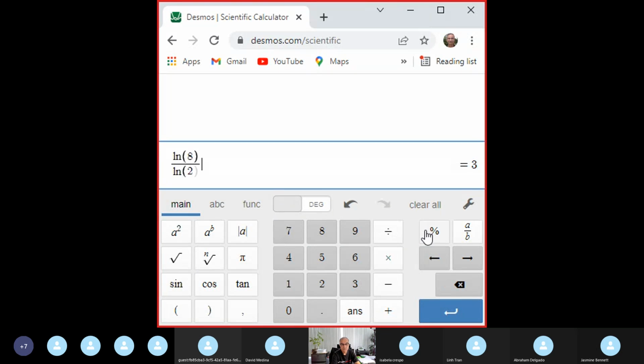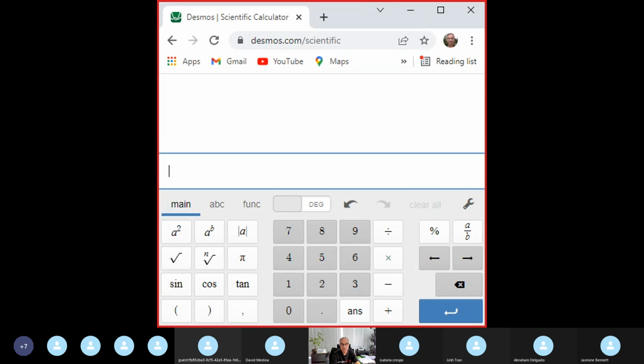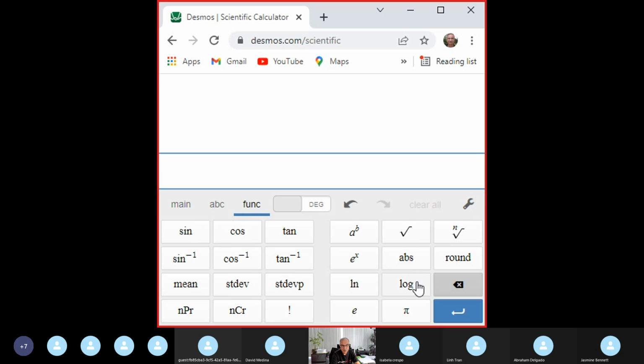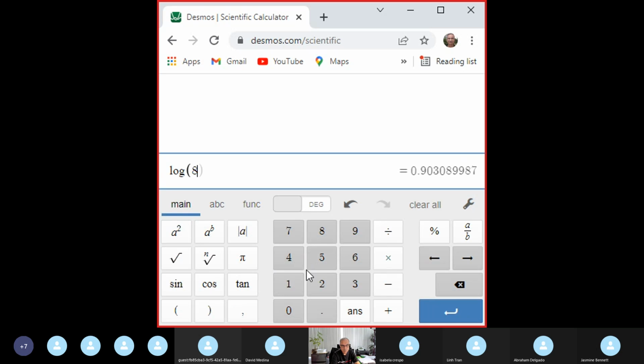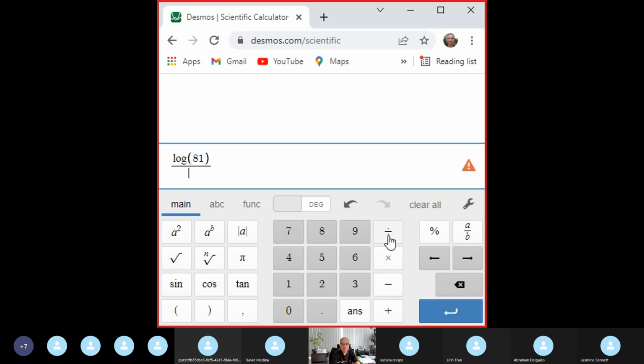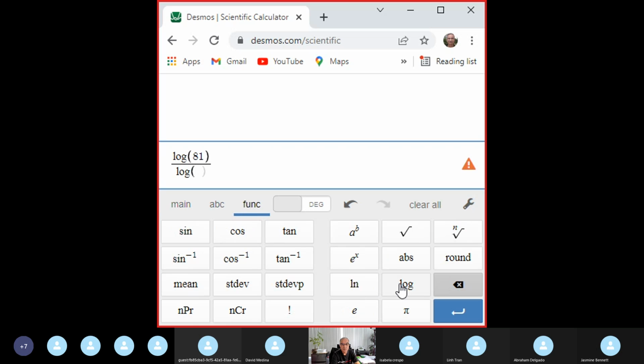Do you see the calculator? Yes. Got it? We select common log: log of 81 divided by log of 3.